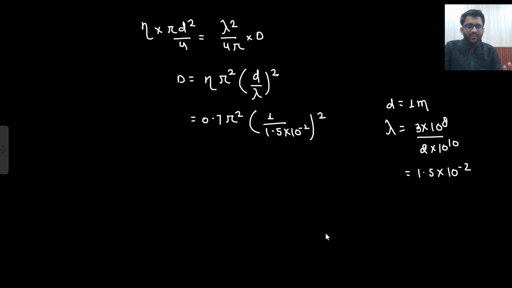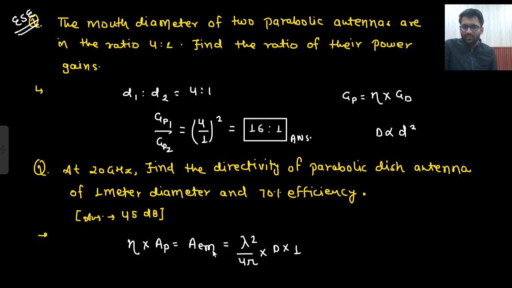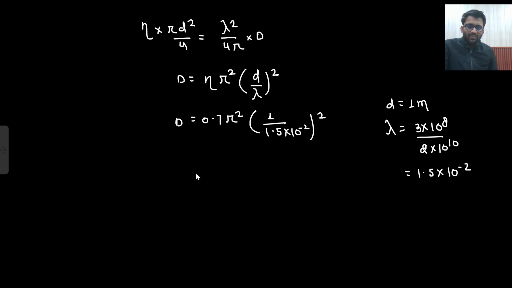This answer is too much, but I need to calculate it in dB. Like this we are getting 30,705.03, but we need to calculate in dB. So I will do 10 log of that. So 44.8. Here 45 dB is written. So the answer we are getting is 44.8 dB.